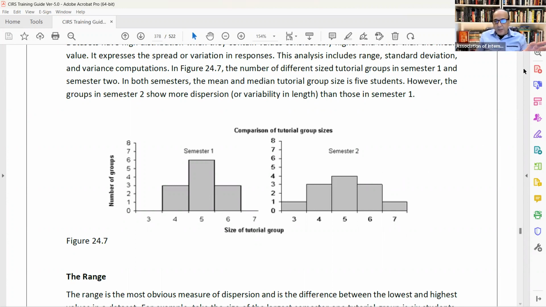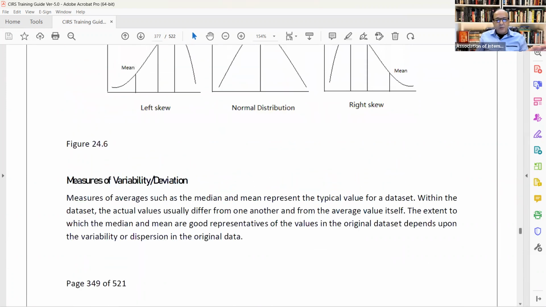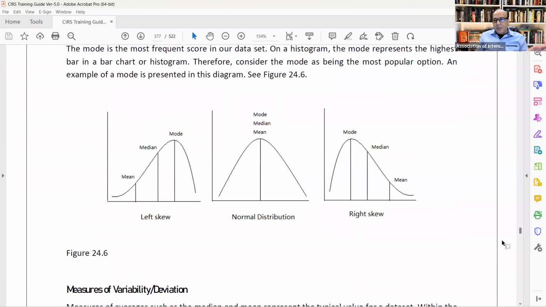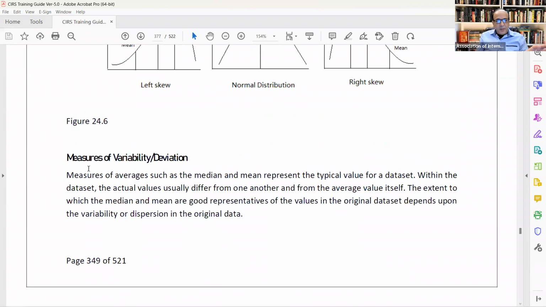But because you've seen this chart under the heading of measurability, variability, deviation, you would know that that's deviation or variation or something which is indicating the dispersion. Now, if you don't see the word dispersion here, and you see that it is talking about measure of variability, measure of variability is more generic. The diagram is dispersion diagram.